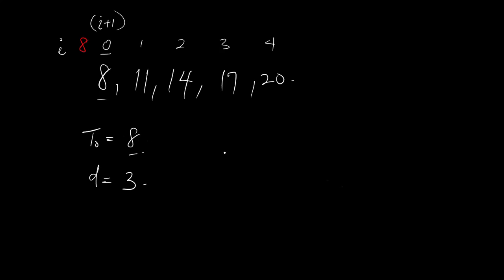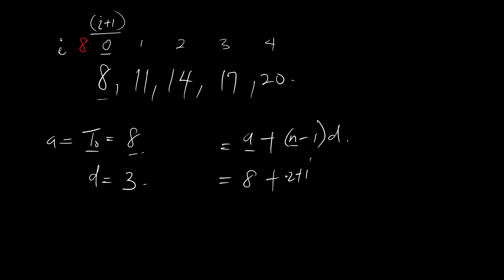So now what we're going to do is use the arithmetic formula, which is a plus n minus 1 times d. The a is the first item, which is 8, plus n, which is i plus 1, minus 1, times the d, which is 3.